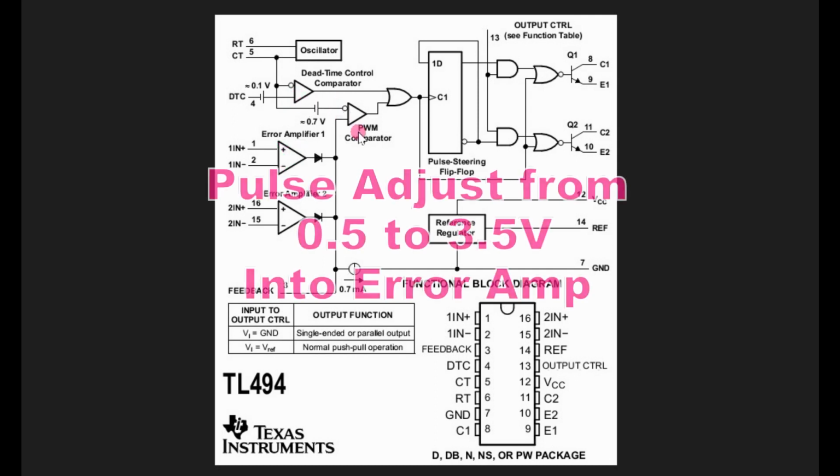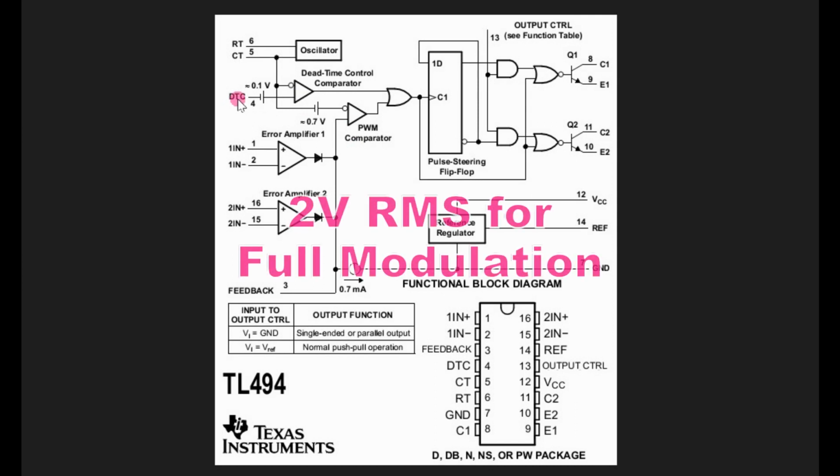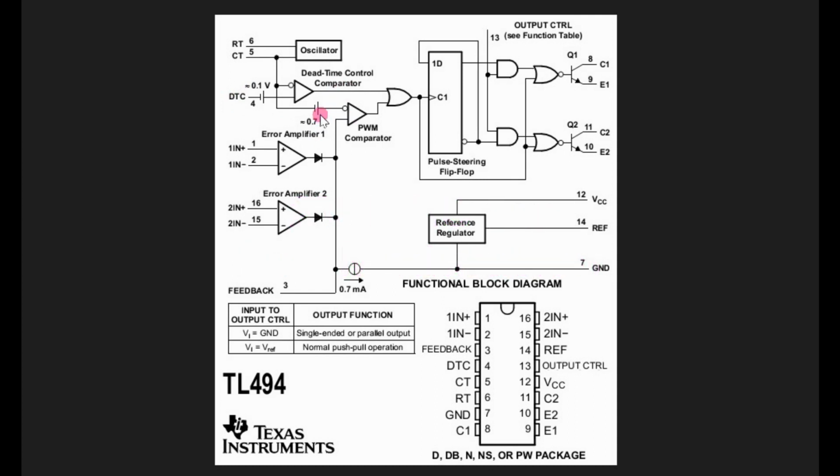So for full pulse output control, we need about a 3.5 minus 0.5, or 3 volts peak-to-peak, which is 3 times 0.707 over 2, or about 2 volts RMS of audio to move this thing up and down and get a 0 to about 97% duty cycle on the PDM.